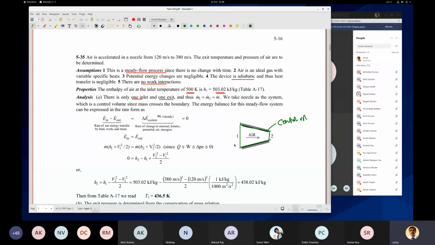So this is in, out, and so here this is steady state. So there is zero change inside, steady state, steady flow. So then we can do the enthalpy balance.